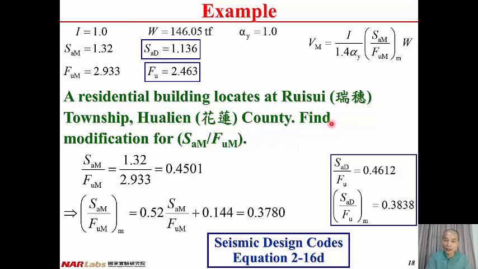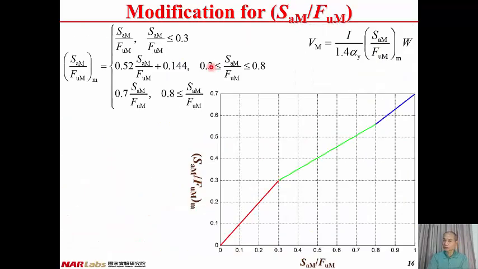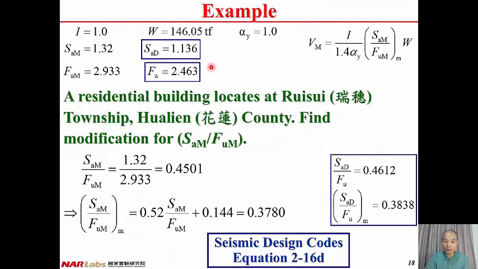The question is to find the modification for the ratio between SAM and FUM. SAM divided by FUM equals 1.32 divided by 2.933, equal to 0.4501. It is larger than 0.3, so modification is necessary.